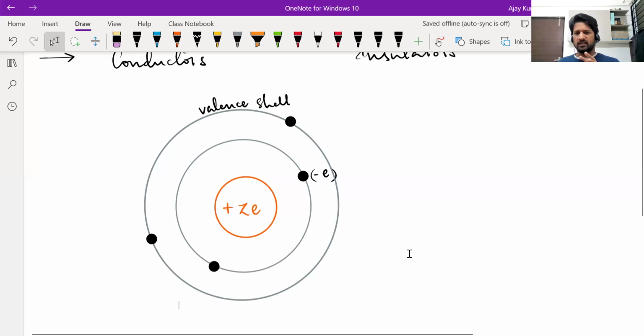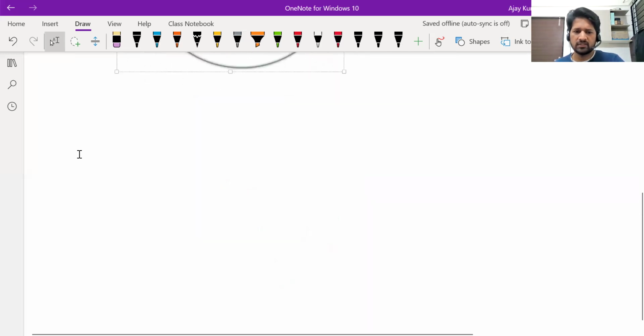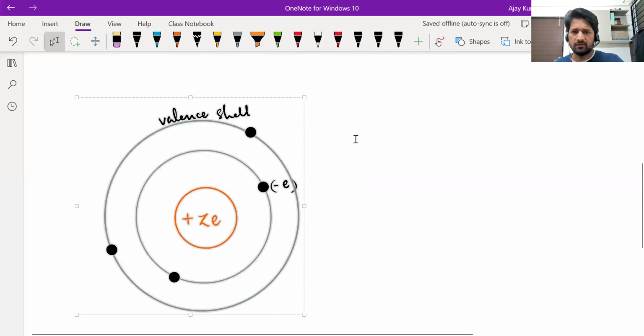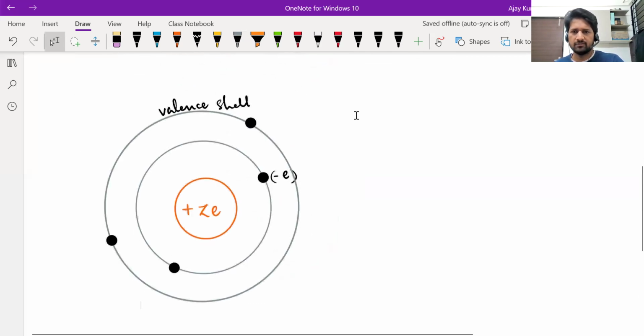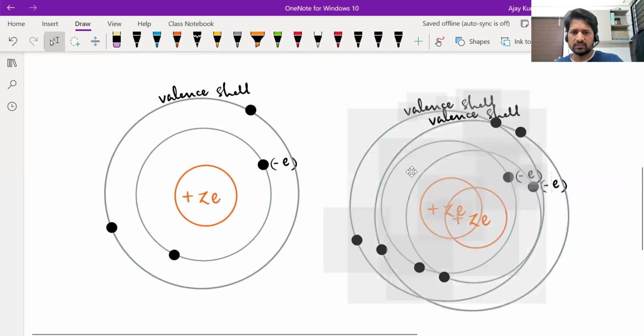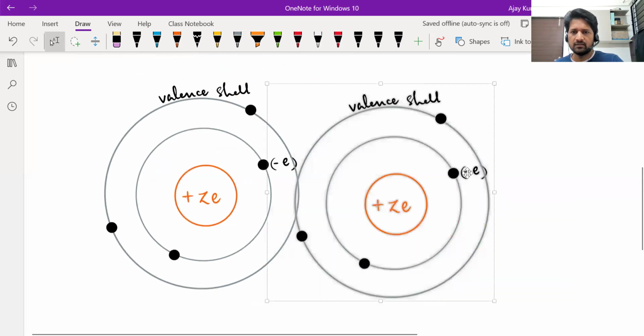Now, if it's just one atom, those electrons also will be bound to this nucleus. They'll have to revolve around this nucleus only. But when atoms combine to form a molecule, basically what happens in a chemical bond, two nuclei or two atoms come close enough such that their electron clouds overlap.